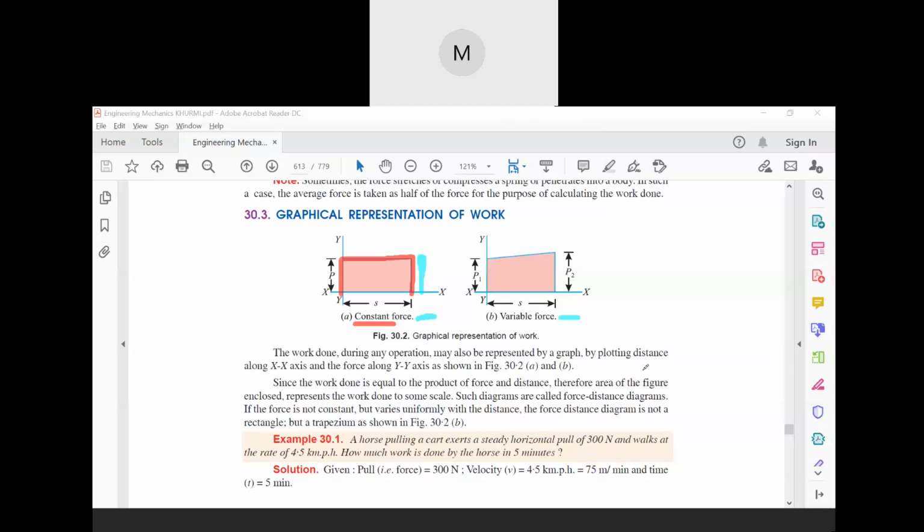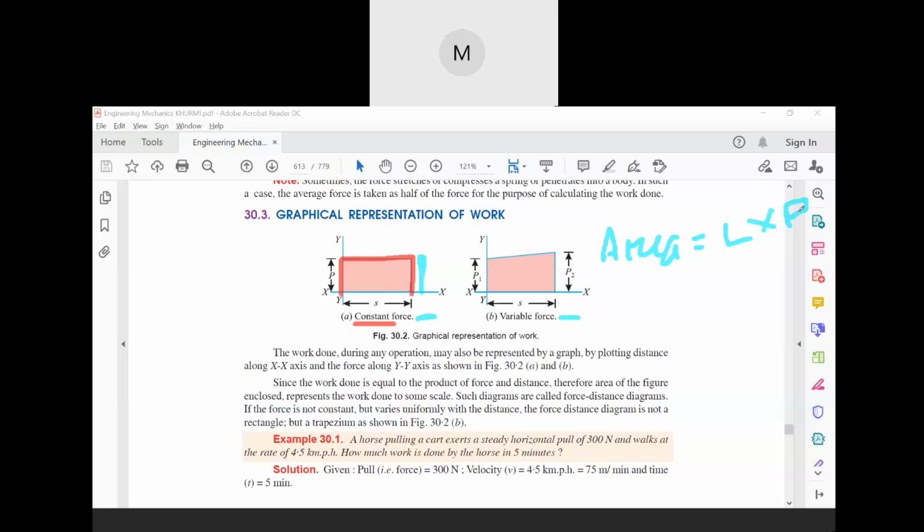So now, since the work done is equal to the product of force and distance, therefore the area of the figure enclosed represents the work done to some scale. Now this figure, this one. Area, you all know, is length into breadth.